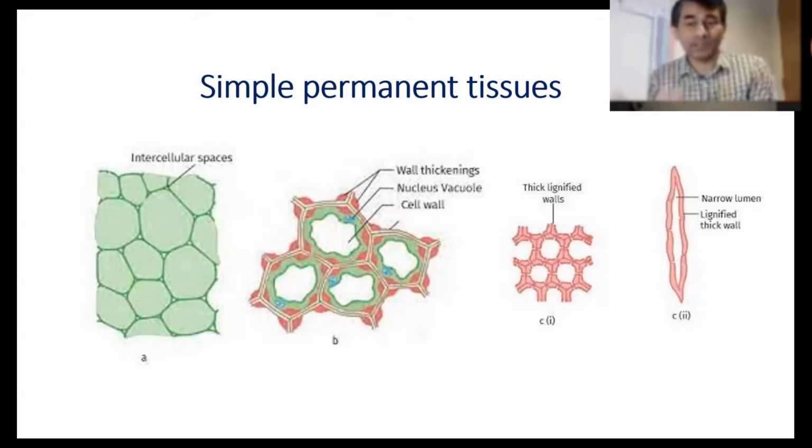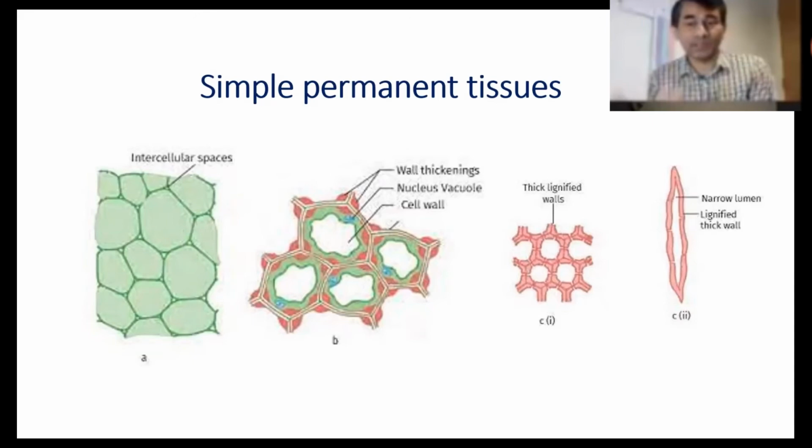Because they are made up of only one type of cell. So parenchymal tissue is made up of a single type of cell. All the cells look the same. The chlorenchyma is made up of all the same type of cells. And the one on the right side of the screen is sclerenchyma, made up of all the same type of cells.